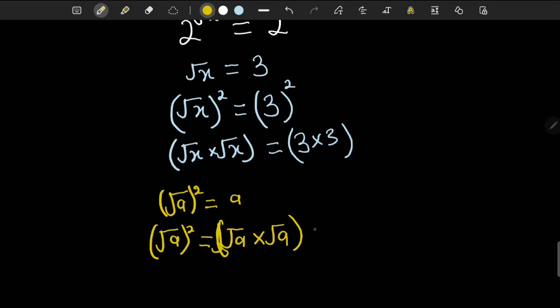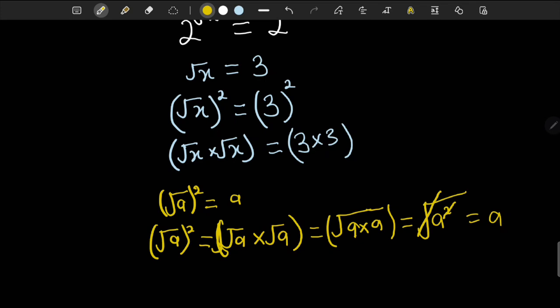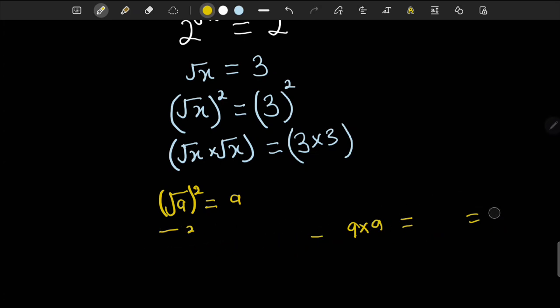And when you have it like this, it's the same as a times a, all under the same square, right? And this is also the same as when you multiply the a and the a here, you get a squared, right? And so this square will take off the square root. That's why your answer becomes a. So anytime you have the square root of a number squared, it is the same as the same number, right? So let me clean this here.